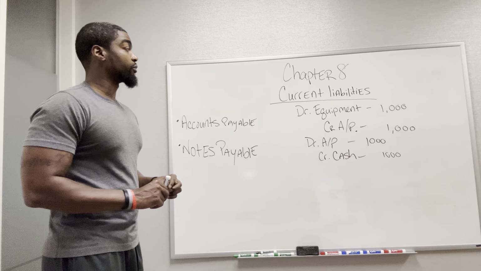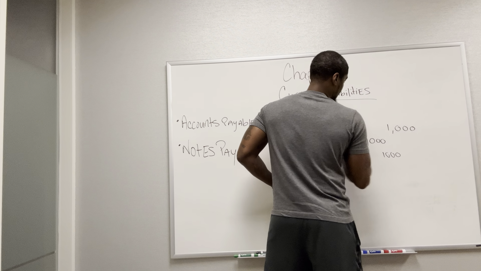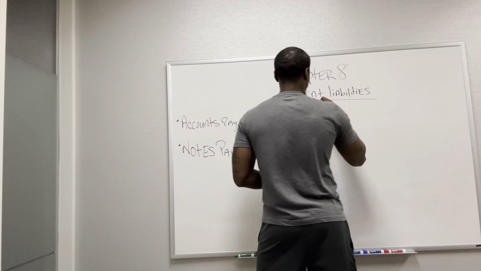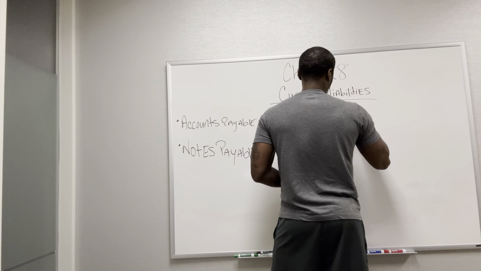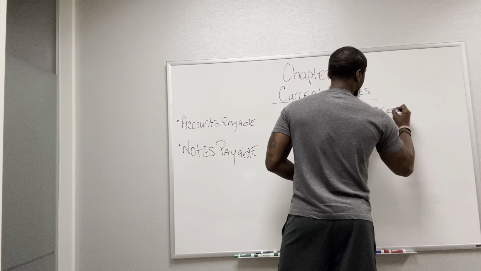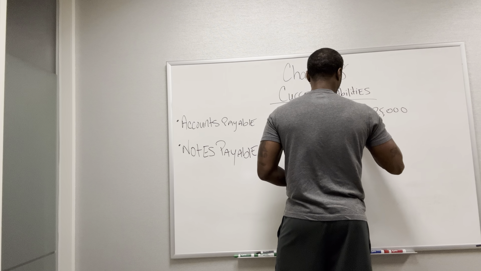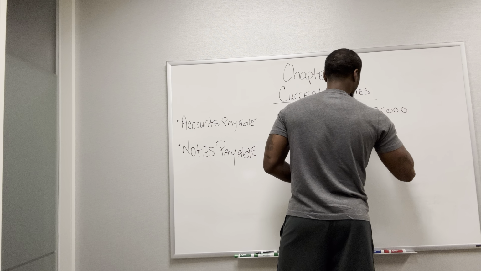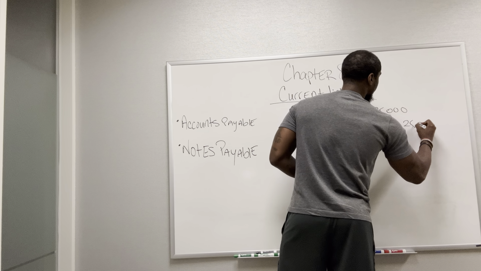So what we'll end up doing is, once we get our note recorded, so let's say we bought a car, right? So we'll debit vehicle for 25,000, and we signed the notes payable on that vehicle for 25,000, right?